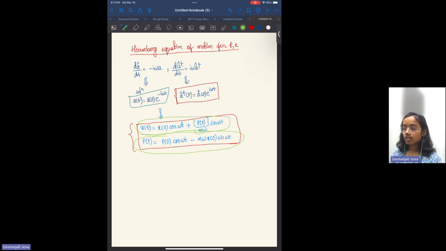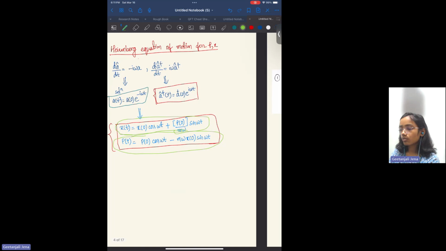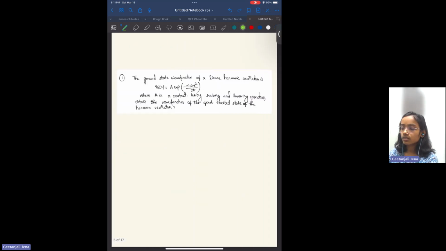So by using this concept, you can easily find out how the state of the system changes with time, what the state of the system will be after some time t, and how the state will evolve. Okay, so let me start solving some problems related to this concept.